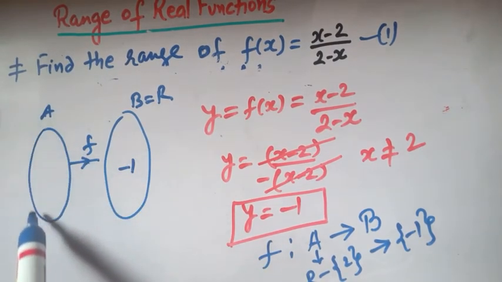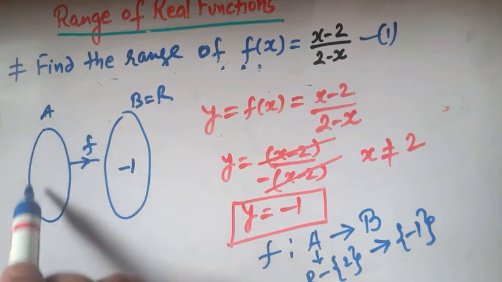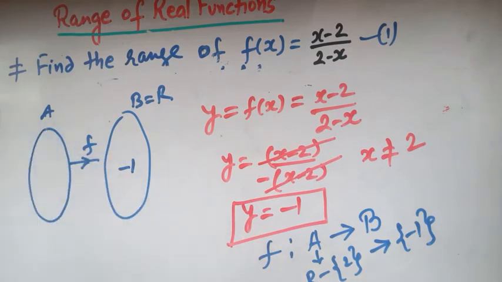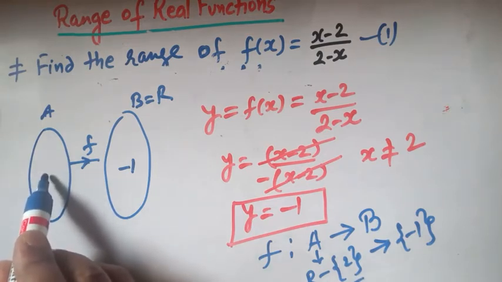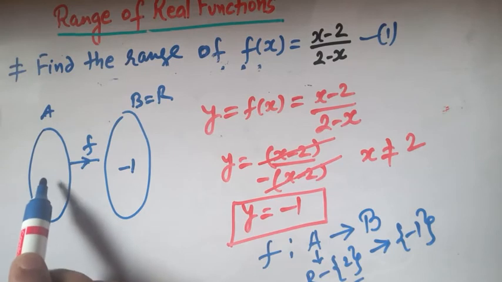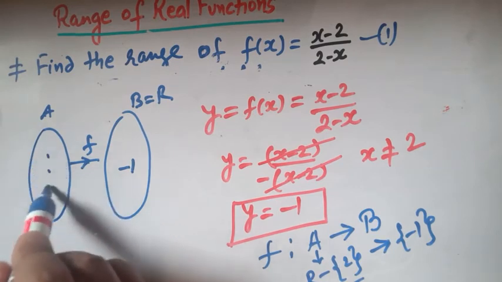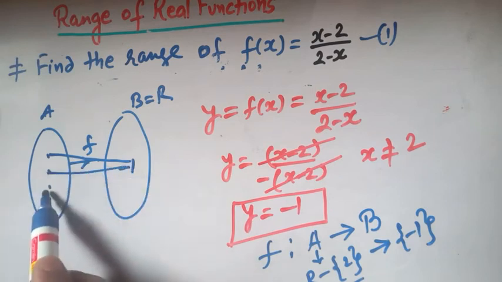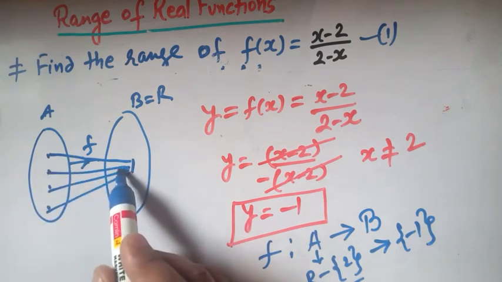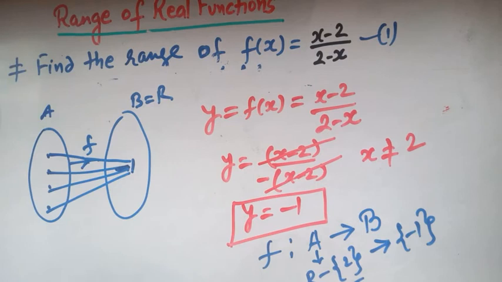All the elements of this domain set A, that is R minus 2, here 2 will not be present, and all other real numbers will be there. So all these numbers will be connected to this minus 1, clear.